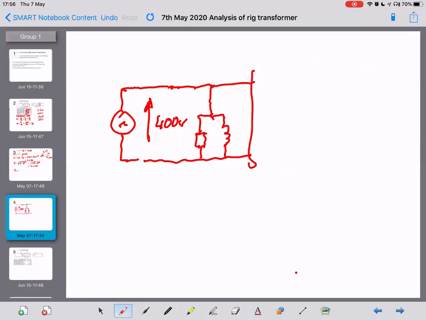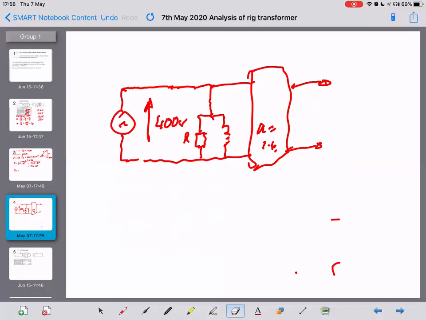And then that feeds off into this open circuit transformer. I equals 1.6. So we want to find the resistive value of R and the value of the inductor, at least the XM value.